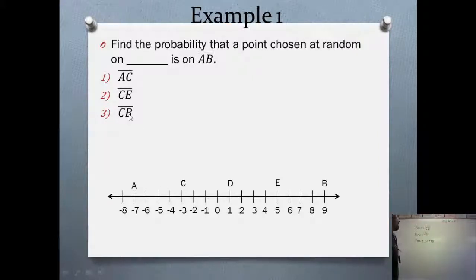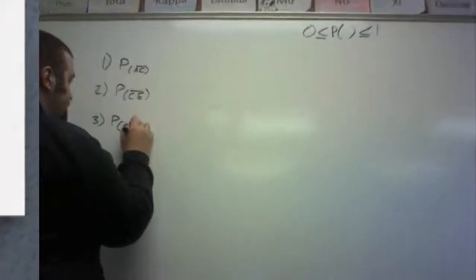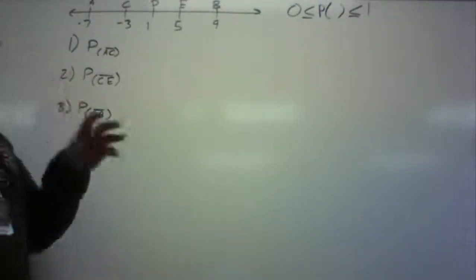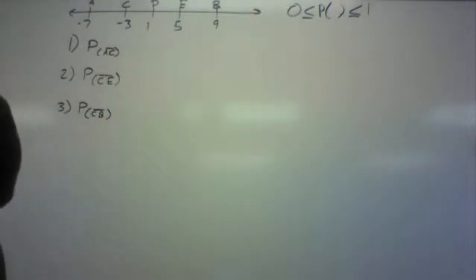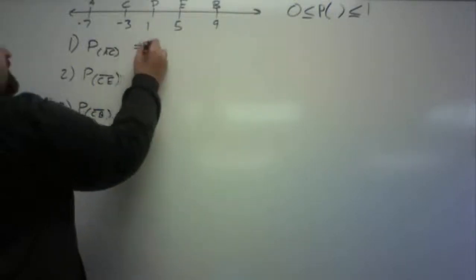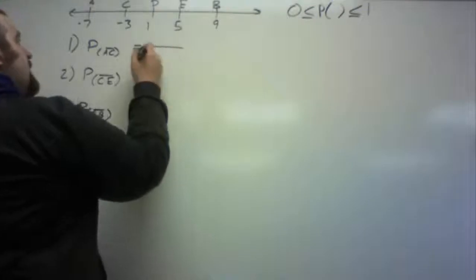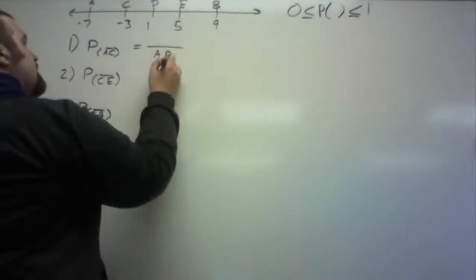So yeah, I messed up my phrasing there. So essentially what I'm trying to find is 3 probabilities. The probability it's on segment AC, the probability that it's on segment CE, and the probability that it's on segment CB. Alright, so if I'm choosing at random on segment AB, I know that the probability is going to be over whatever the length of segment AB is.